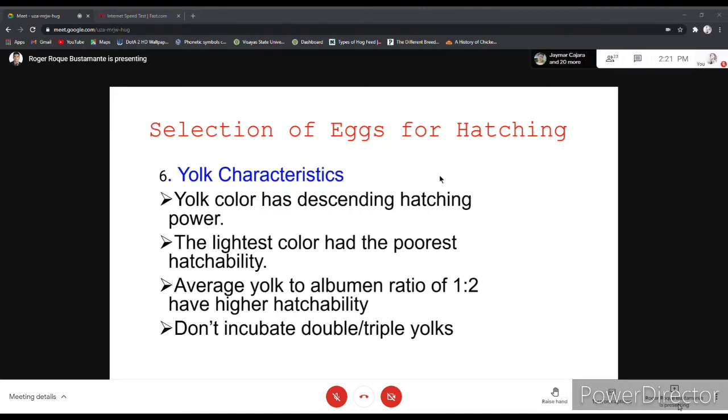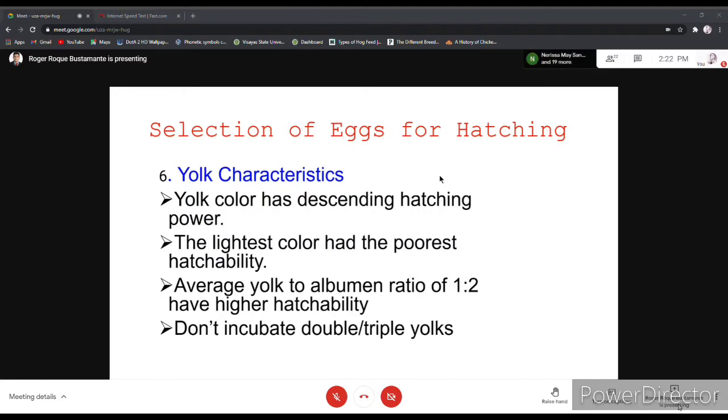Even though it is said that the lightest color had the poorest hatchability, there are studies that prove that the lightest color still has a chance, especially when fertile. So average yolk to albumin ratio should be 1:2.